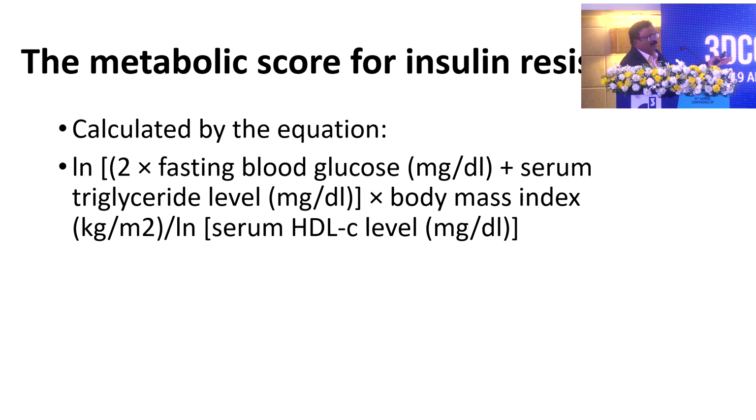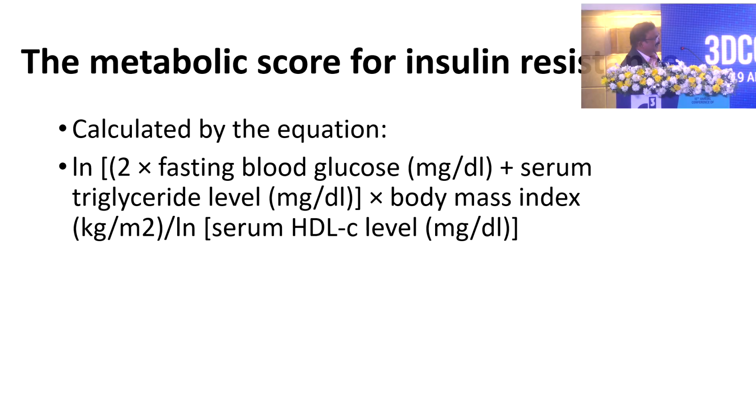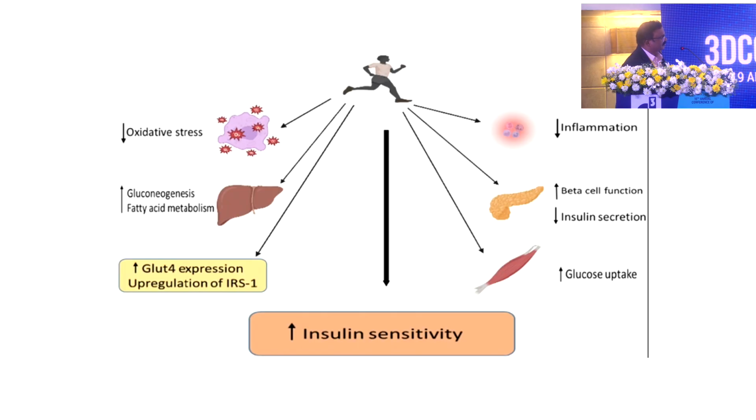The metabolic score for insulin resistance is calculated as 2 times fasting blood glucose, triglyceride level into body mass index, divided by serum HDL minus cholesterol level, that is non-HDL cholesterol, which gives a clear calculation of insulin resistance.